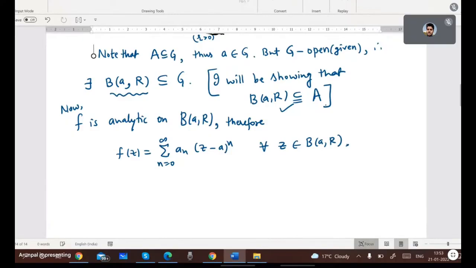And where a_n is nothing but, we know this also, how these coefficients are defined, right? Is this okay?